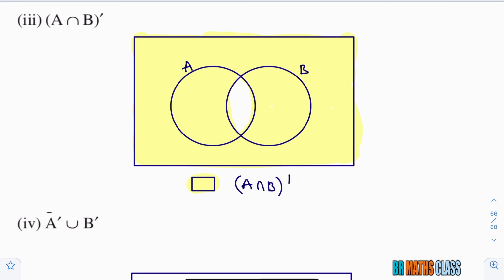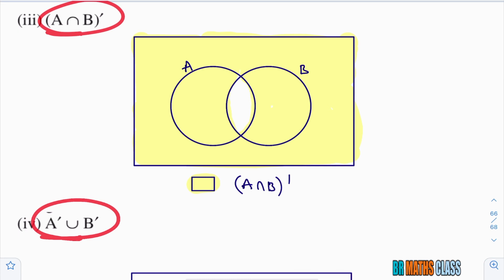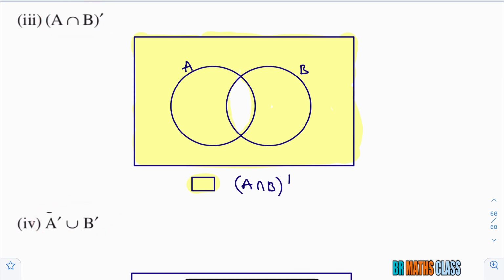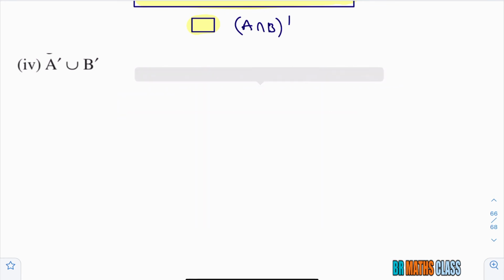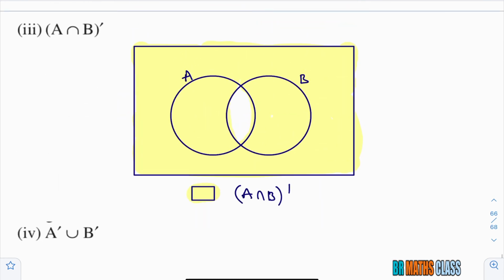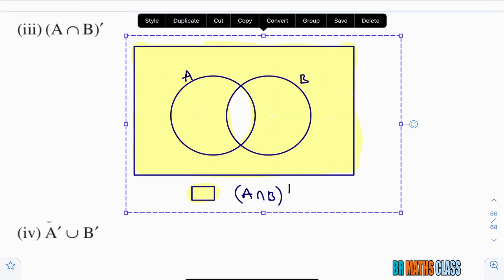We know in properties of the complement of a set that A intersection B whole dash is the same as A dash union B dash. So there is no need of a separate diagram for A dash union B dash. Simply we can draw the same diagram you drew here.